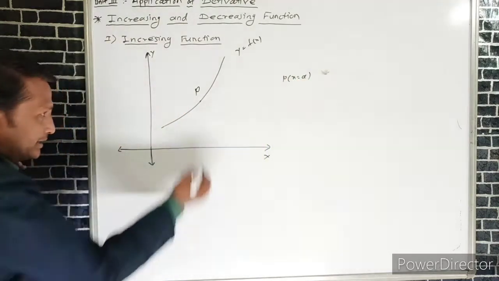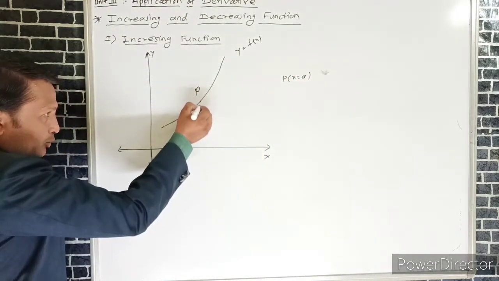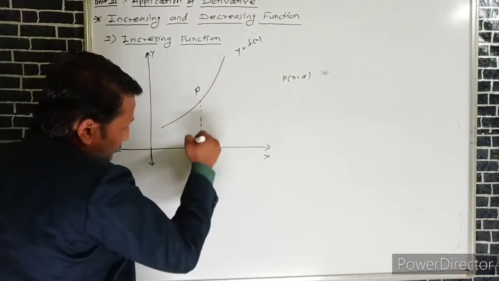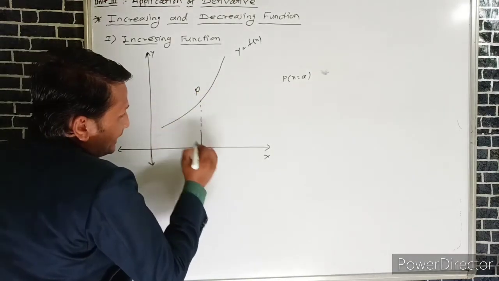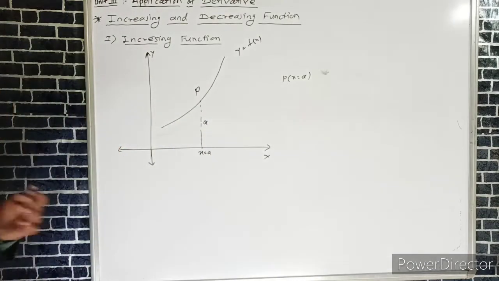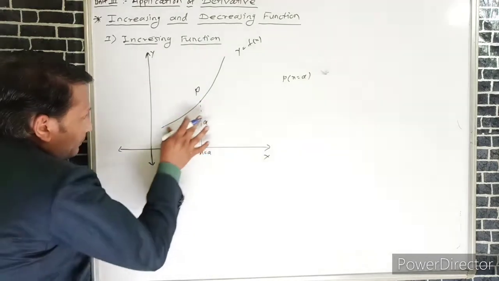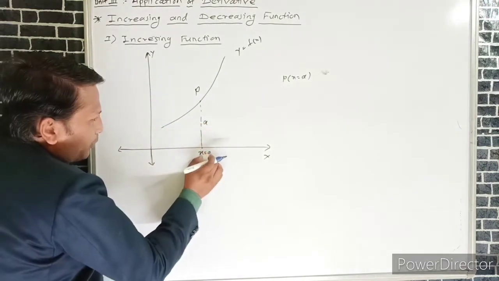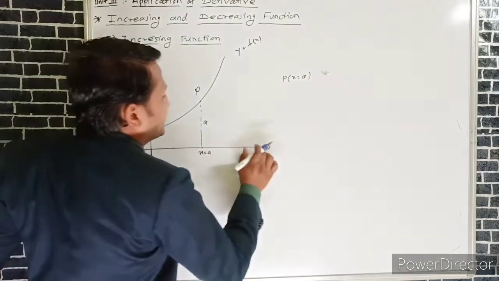So we can say that, parallel to the y-axis and perpendicular to the x-axis, is the position x equals a. Consider the distance to the left side of the point a and the distance to the right side of the point a.